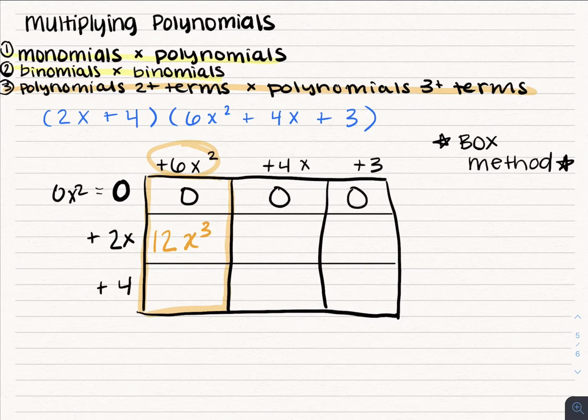So 6 times 4 is 24. X squared times no other x, so we bring our x squared down. All right, so now we're going to go to this next column, 4x times 2x, 8x squared, 4x times 4, 16x, and now we're going to go to this column. 3 times 2x is 6x, and 3 times 4 is 12.